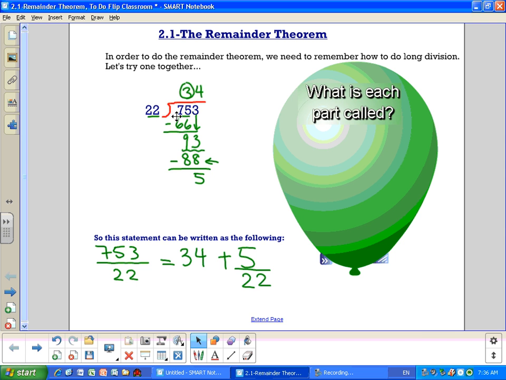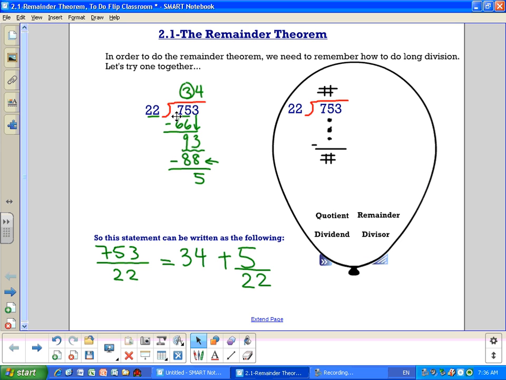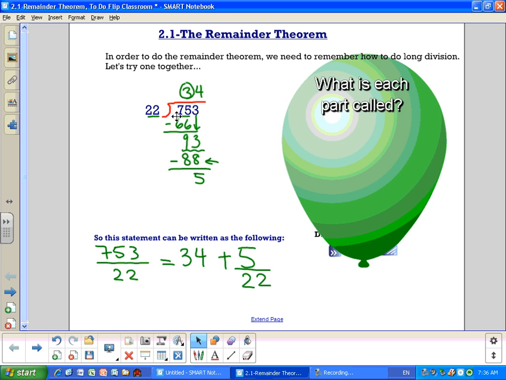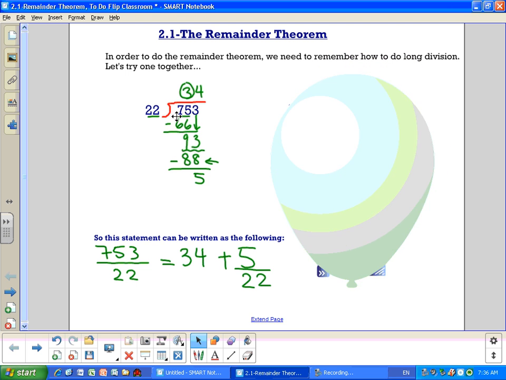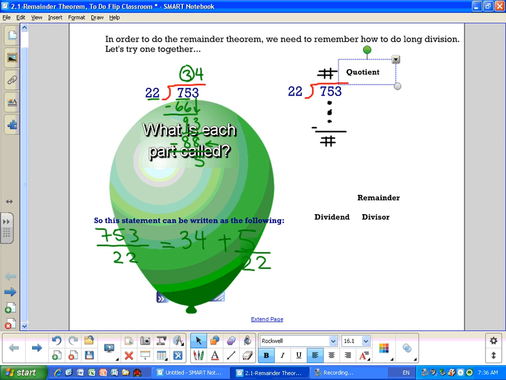Okay? Now we're going to go behind the balloon, and we're going to see for each what that represents. So the quotient, move the balloon out of the way. For the quotient, that's the number that you get up top.